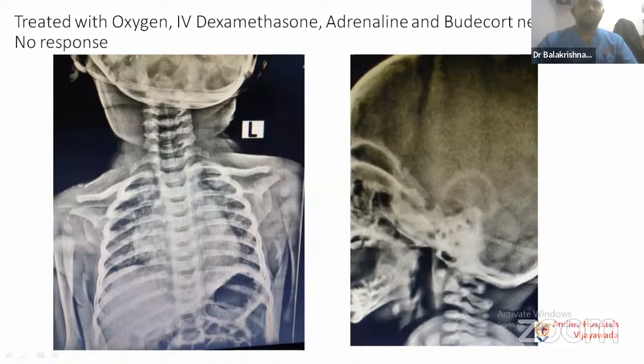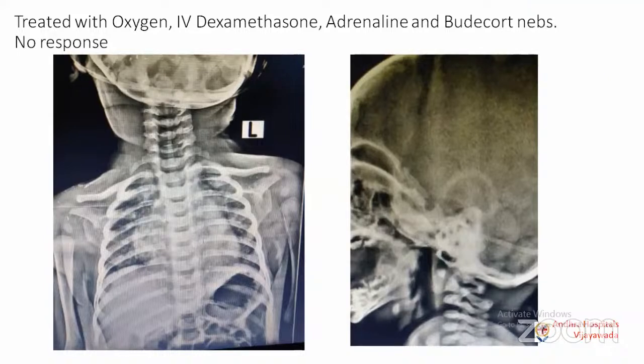So immediately what he did was he started the child on O2 because saturation is only 85% on room air. As the child was having stridor, any other diagnosis for anyone other than bronchiolitis or laryngomalacia, when you see such a child with cold, cough, stridor? Sir, acute laryngotracheobronchitis, sir. Steeple sign.